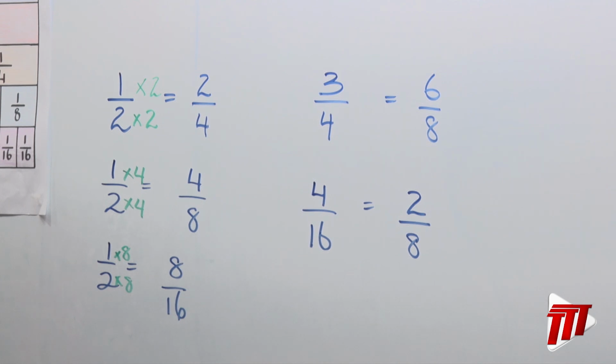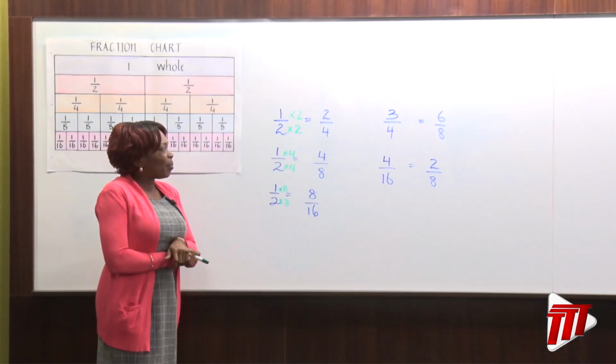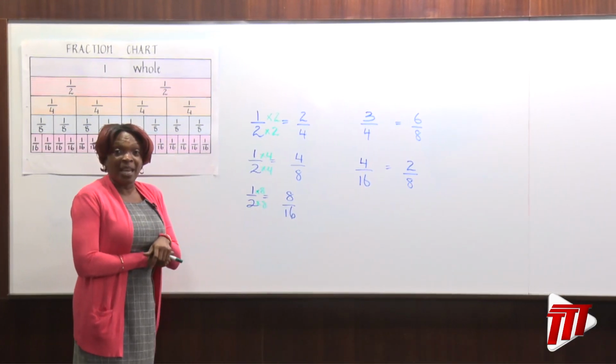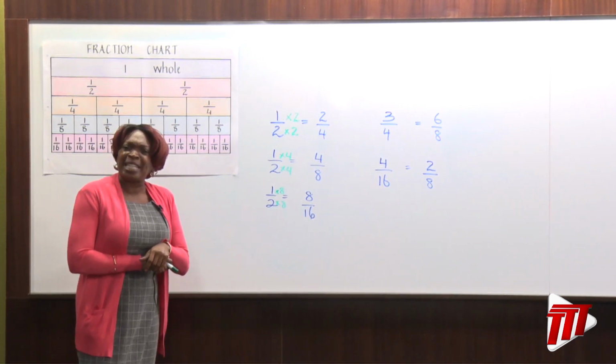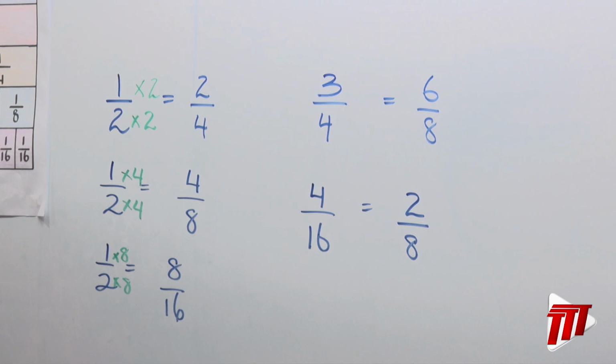And 2 times 8 is equal to 16. I am seeing a pattern here. It seems to me that when I multiply the numerator and the denominator by the same number, guess what? We get an equivalent fraction.